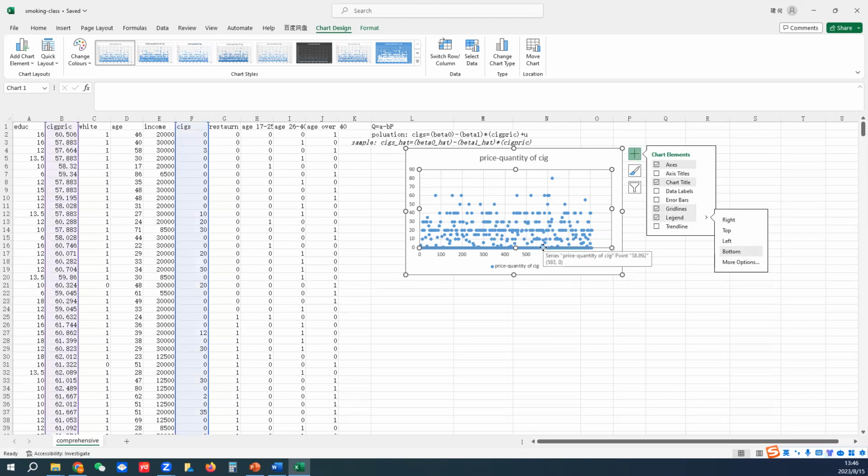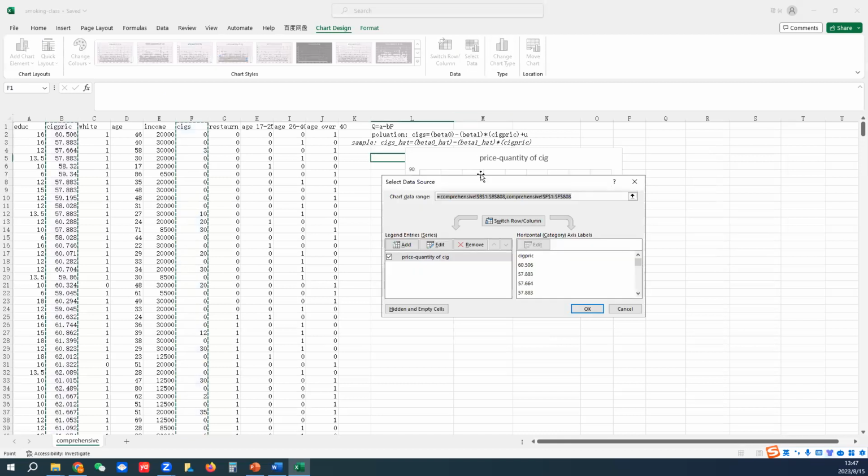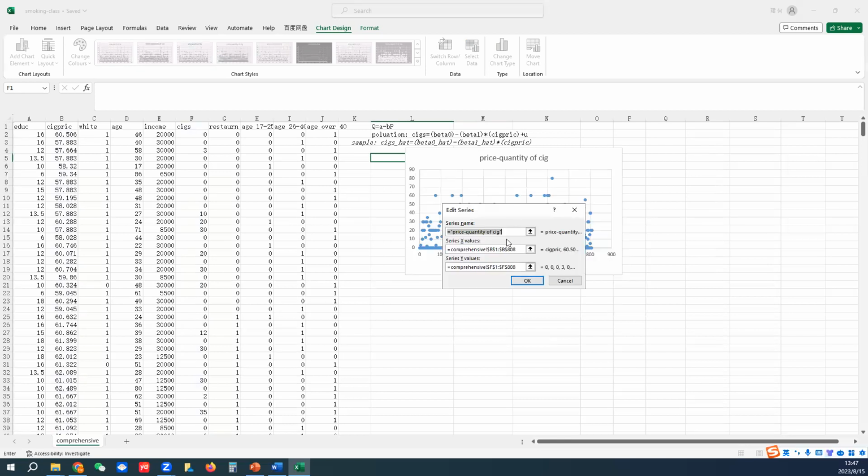Let's double check this. For the axis, select data. Horizontal is price. And vertical, let's edit this series. So horizontal is B, which is price, and vertical is quantity, which is cigarettes.